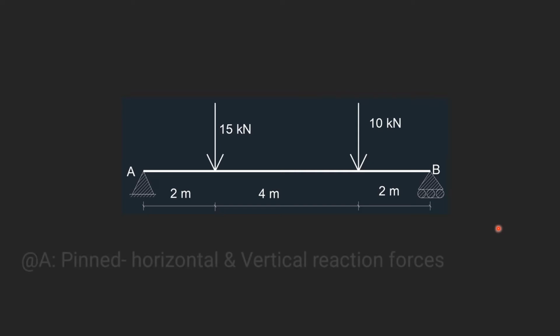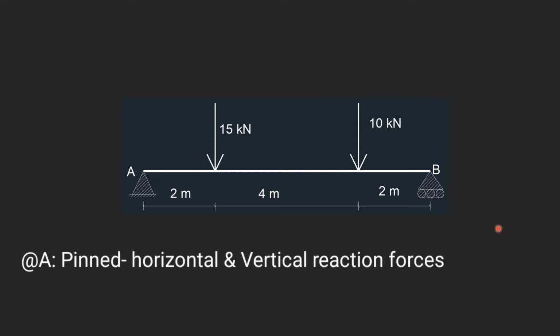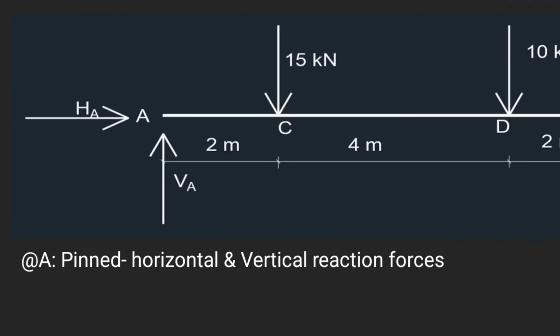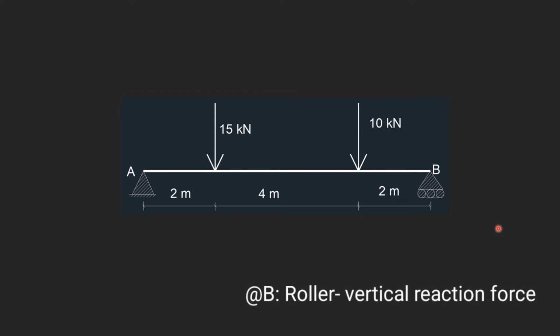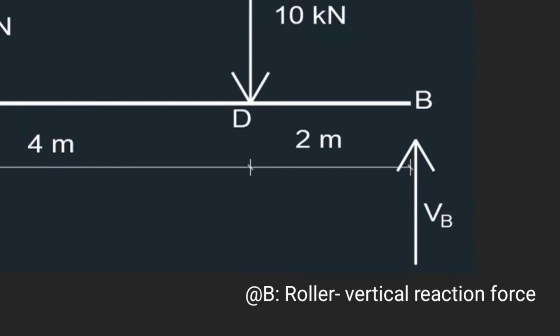Since the support at A is pinned, we have horizontal and vertical reactions acting at that location, because pin support will prevent the horizontal and vertical displacements. At B, we have roller support, which prevents only the vertical displacement, and we have a reactive force in the vertical direction.